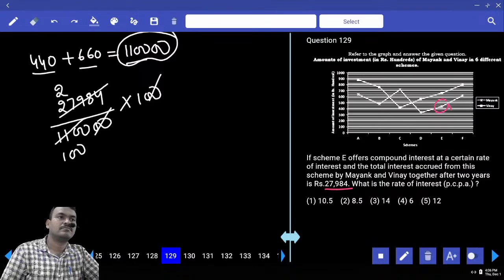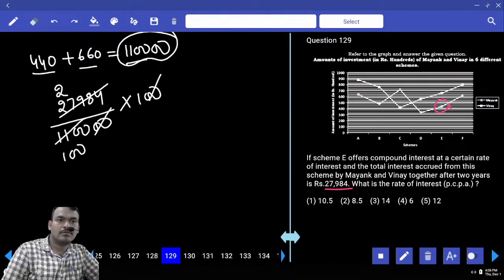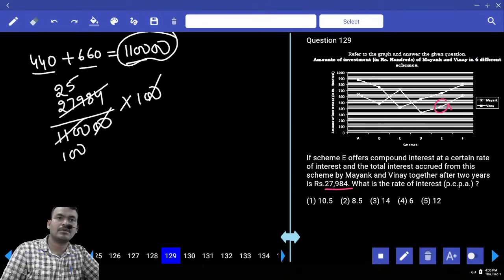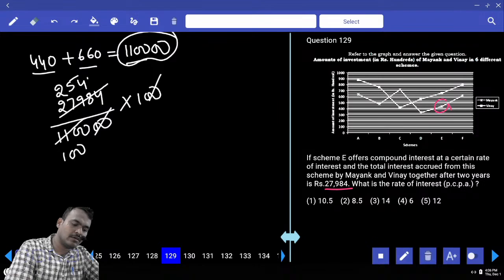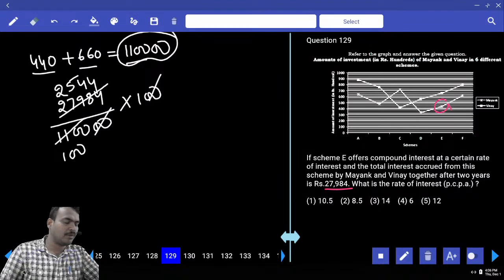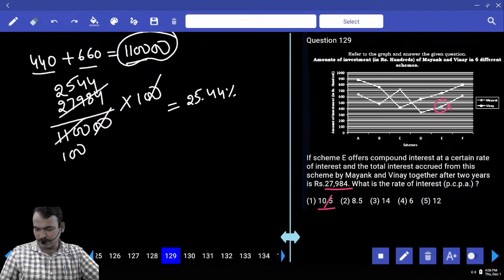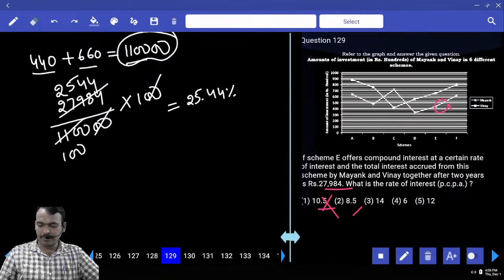Remaining 5. 59 means how many times? 5 times. Remaining 4. 48, 4 times. Again 4 times. 2544 by 100 is nothing but 25.44%. That is how many years interest? 2 years interest. First option possible? No. Second option?